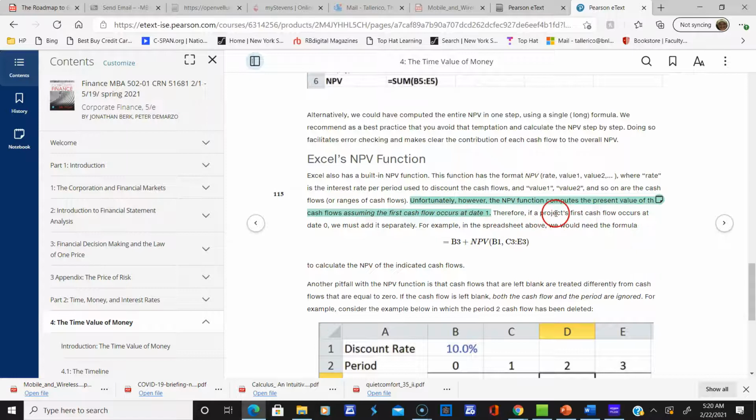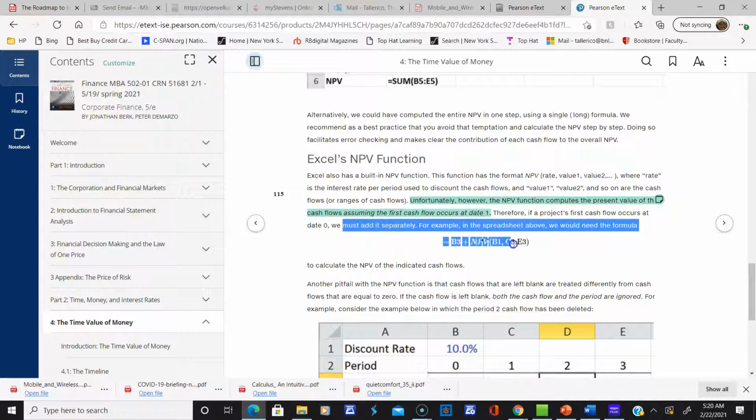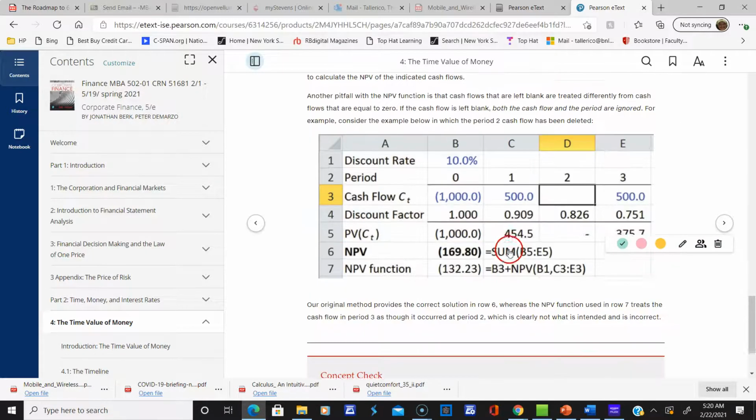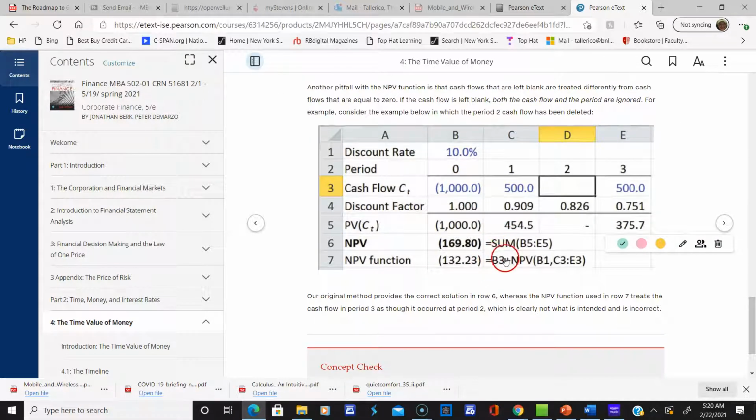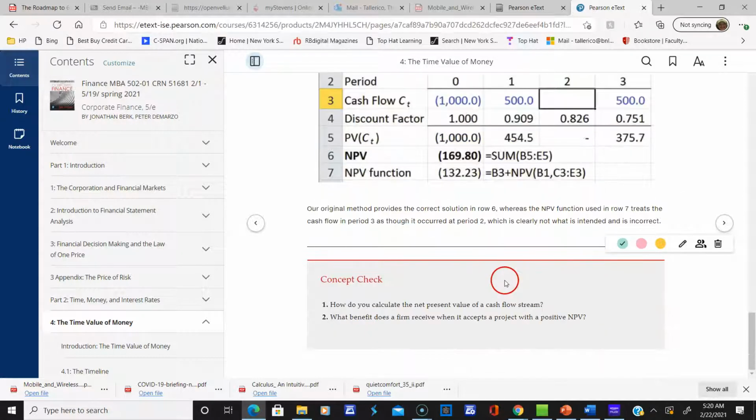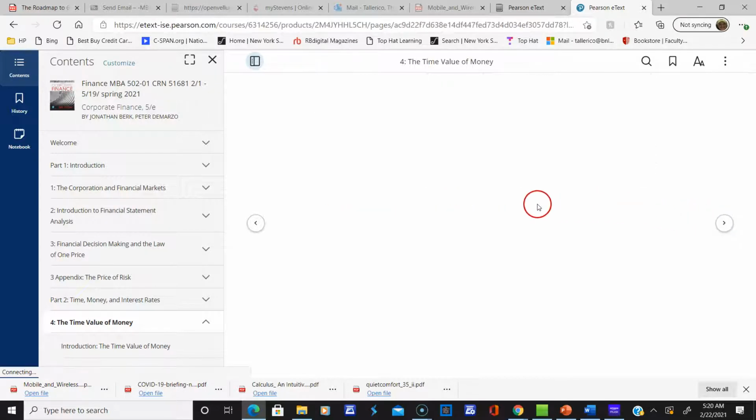Therefore, if a project's first cash flow occurs at date 0, we must add it separately, okay? So it's an important thing you have to know about. All right, so here it is being added separately, okay? B3, you see that? So I just want to make sure everyone's clear about that. So please go over this example. It's very important so you don't get screwed up.